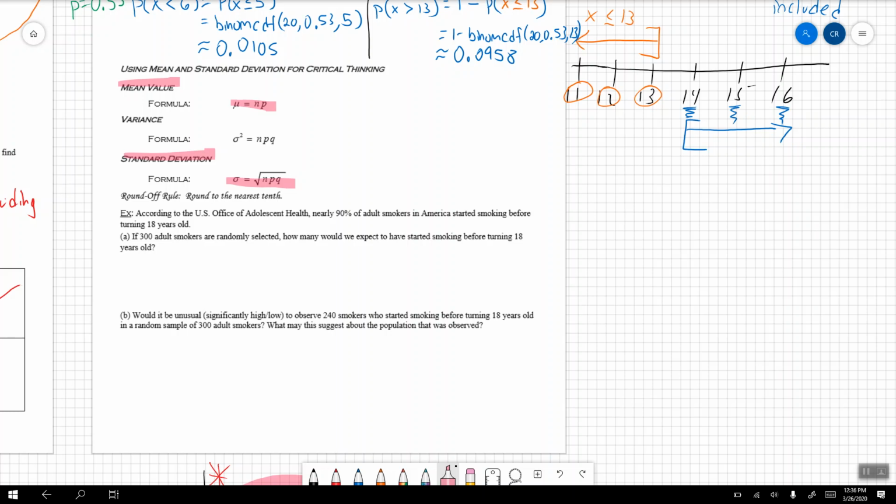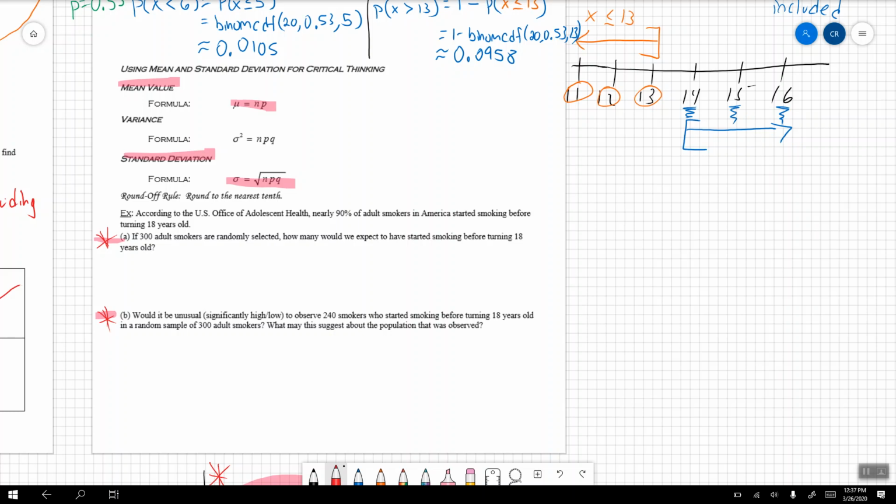So you will have to do these on the next exam, where I will give you a certain question that looks like this, and you're going to have to figure out what the mean and the standard deviation are. So let's go through it.